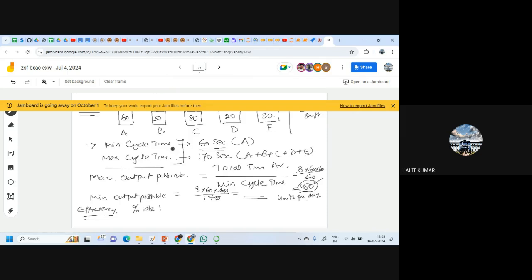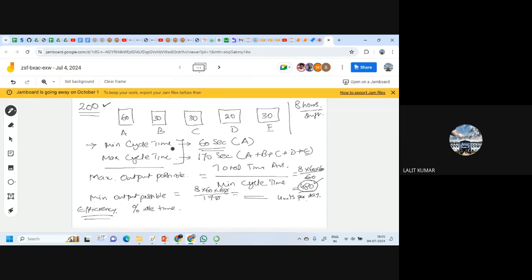Now here there are 5 activities, and when we say that we will achieve this maximum output, it means we will be working on 5 workstations: 1, 2, 3, 4, and 5. And we are having an output of 200.